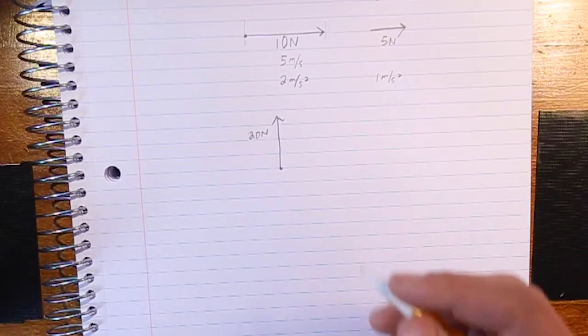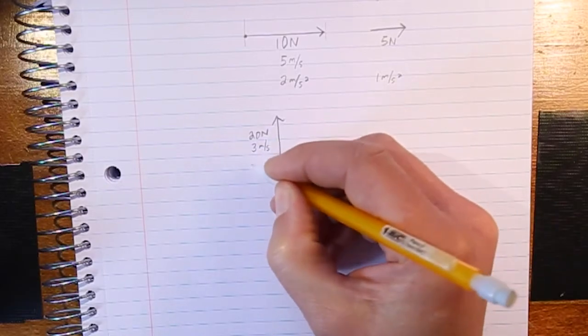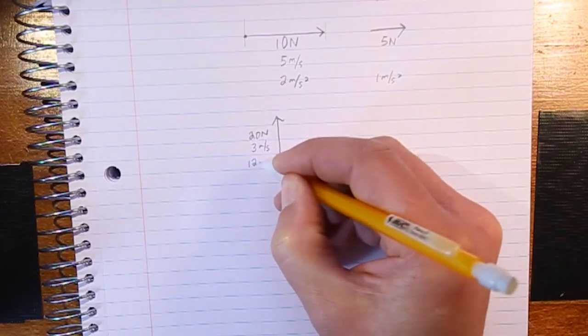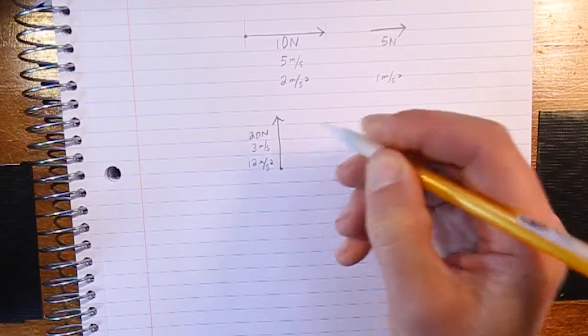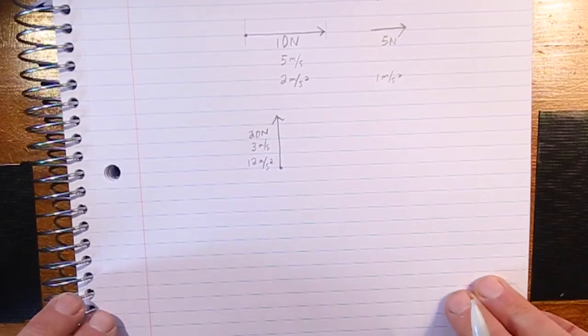But that could also represent a velocity of, let's say, 3 meters per second, or an acceleration of 12 meters per second squared. Whatever that happens to be, that's what that vector represents. So this is all basic. It's very straightforward. But what happens when we have a situation where the vector is at an angle to our coordinate system?